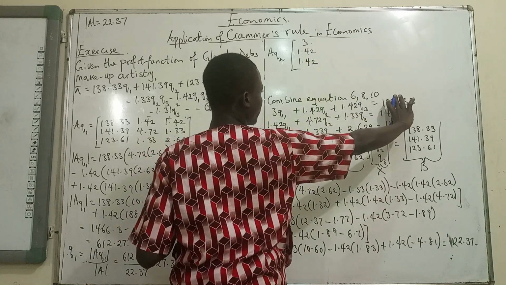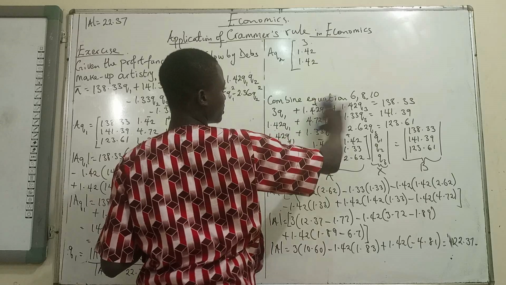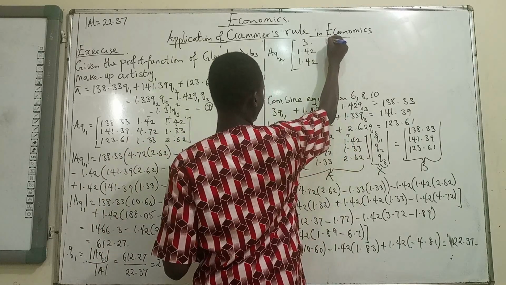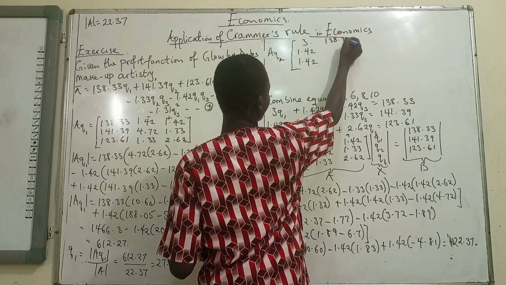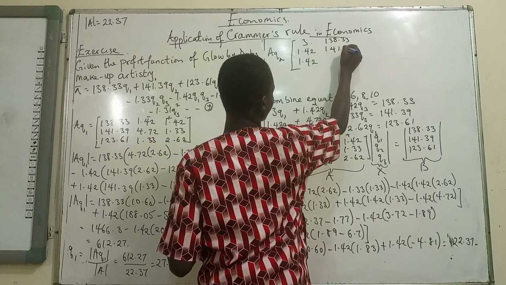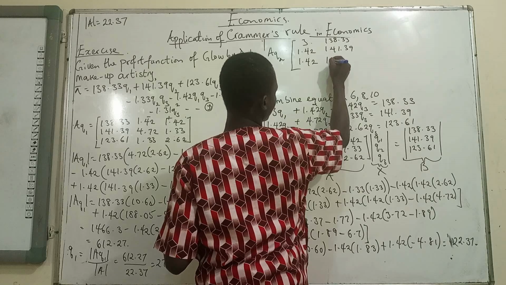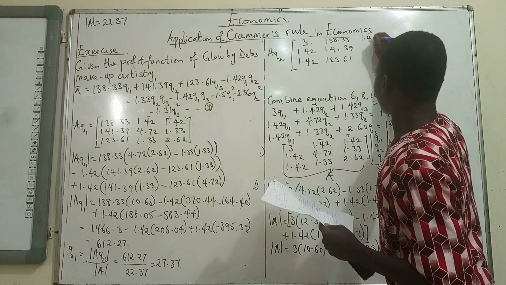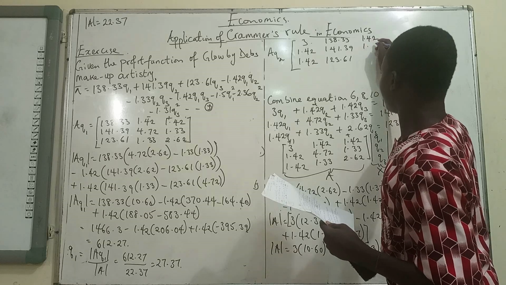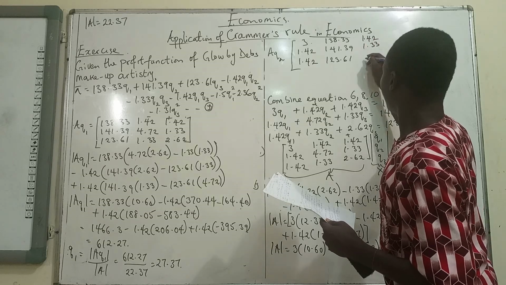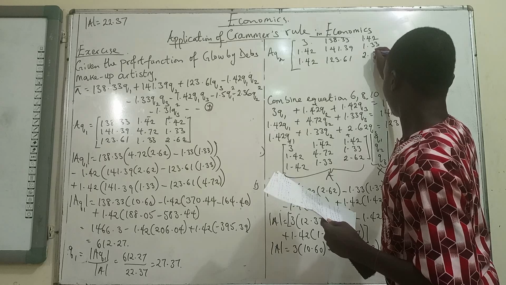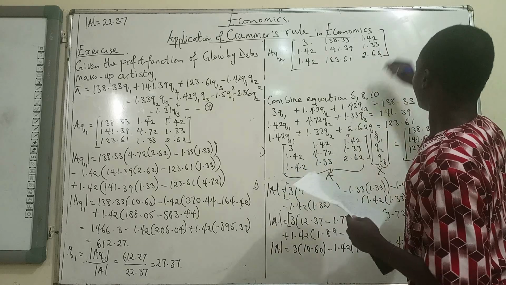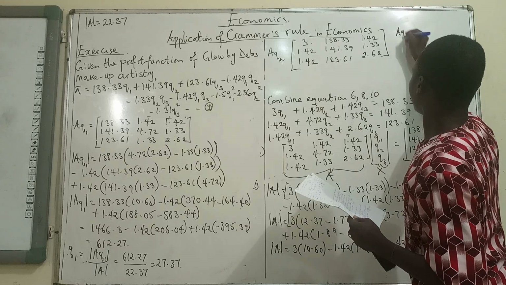Then we replace this column with all of the constants. So we have 138.33, 141.39, 123.61, then 1.42, 1.33, 2.62.